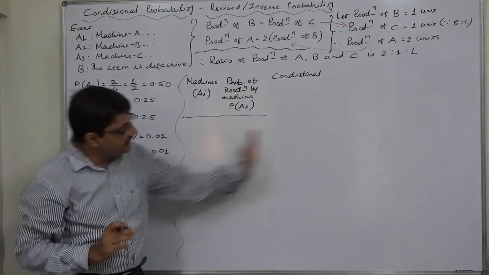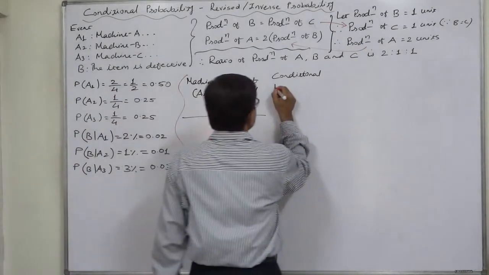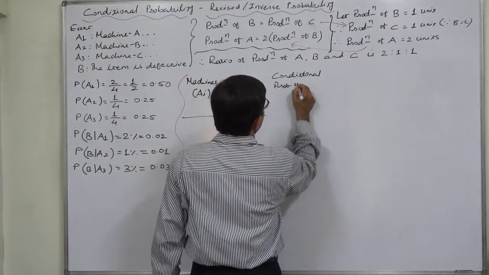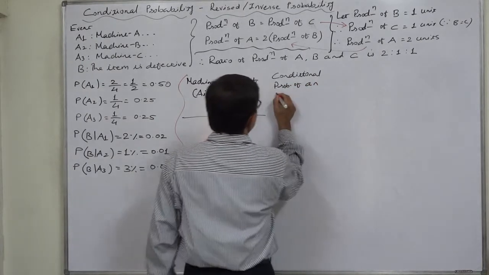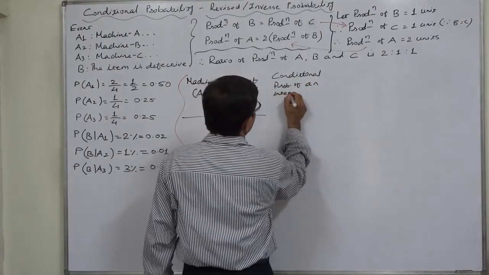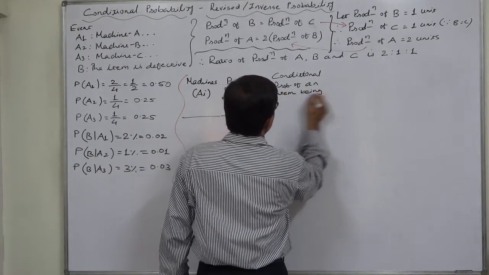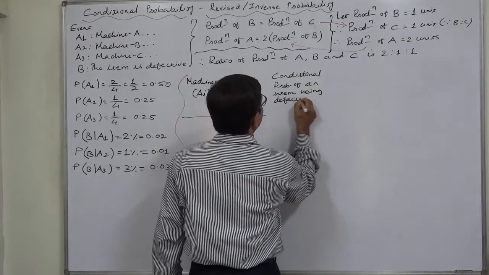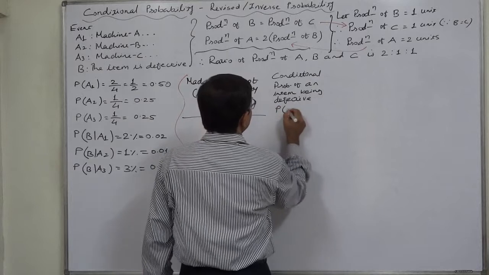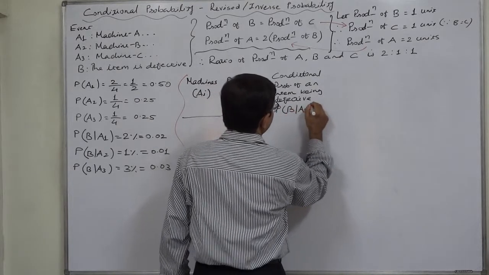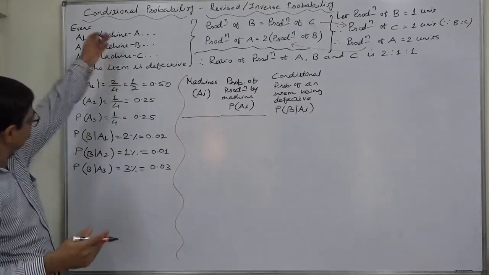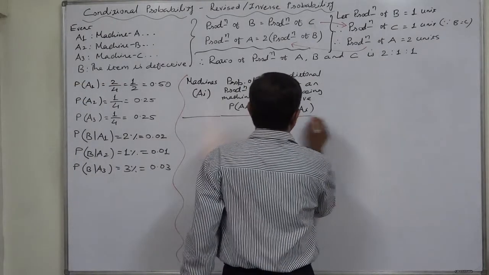The columns should be in this order only. Conditional probability of an item being defective, that is P of B given AI. I means 1 or 2 or 3 according to the information.